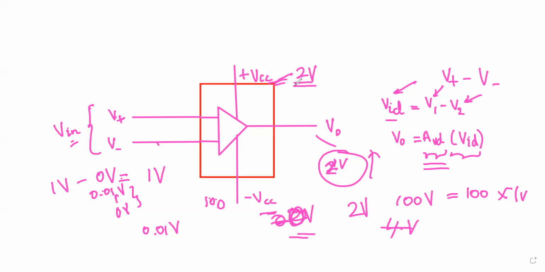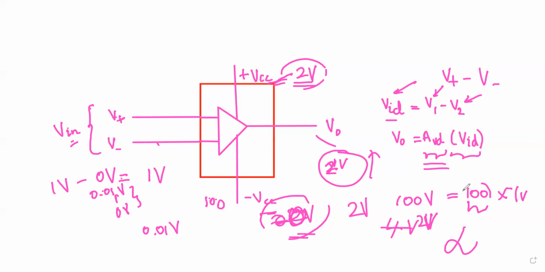But however, we are not providing that much of input power for that, so that amplifier can't do that work. It's going to limit that voltage up to 2 voltage, because it can't increase the voltage after that 2 voltage. But remember, theoretically, we will take the gain as infinite.